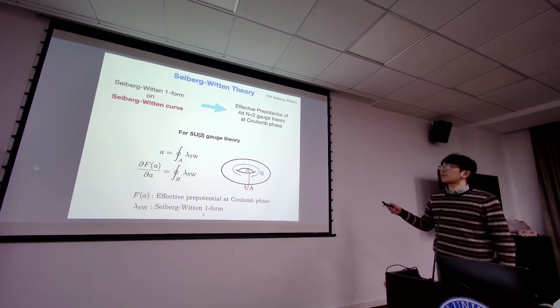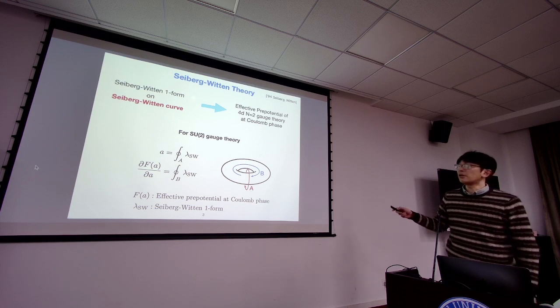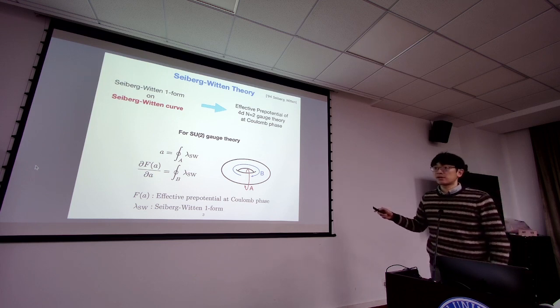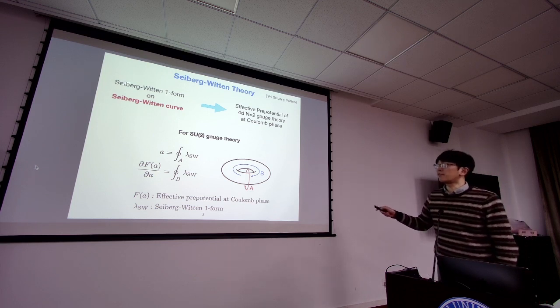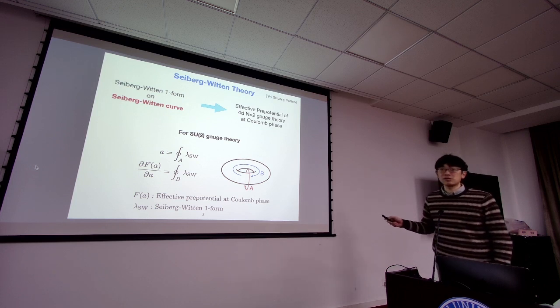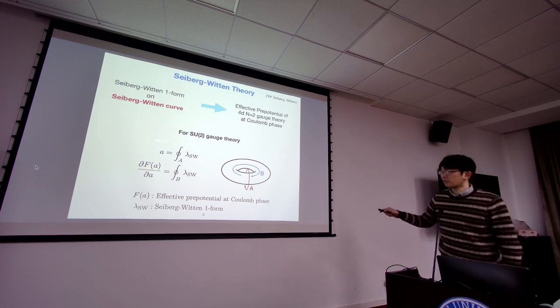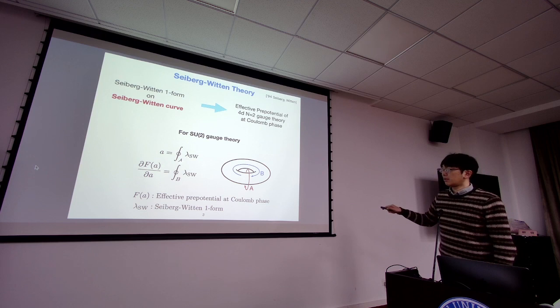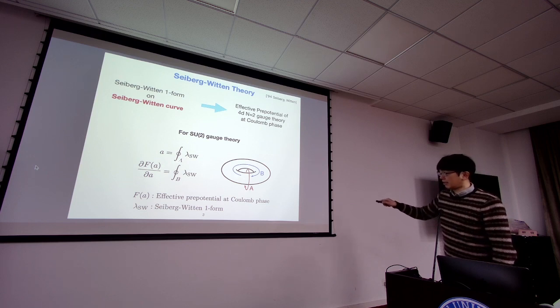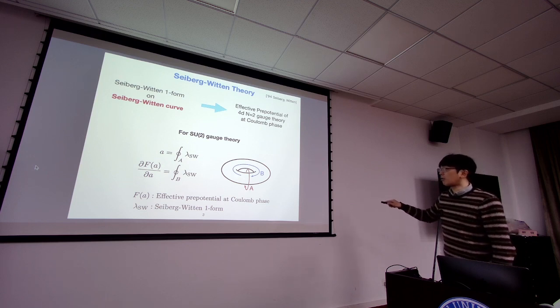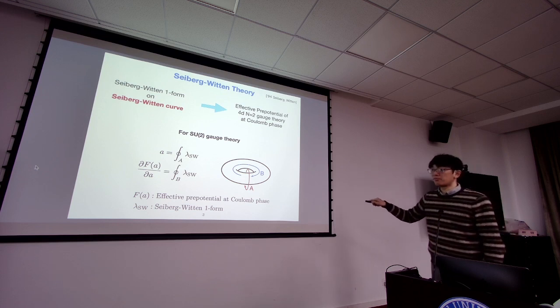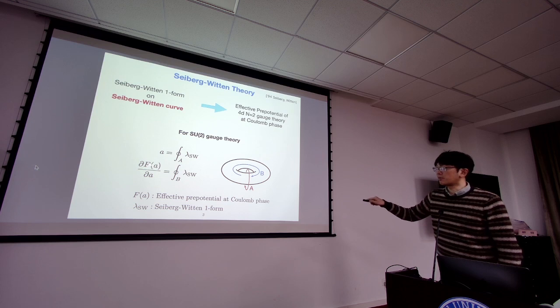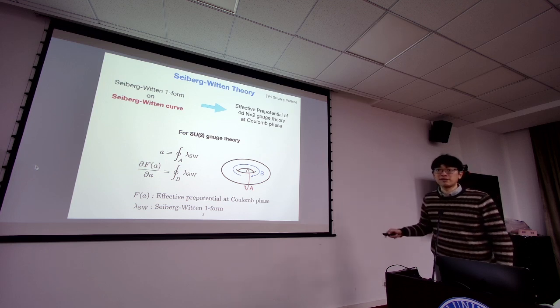According to Seiberg-Witten theory, once the Seiberg-Witten one-form defined on the Seiberg-Witten curve is given, the prepotential is given through period integrals of this one-form over the A cycle or B cycle, and by computing such period integrals, we can compute the prepotential at the Coulomb phase.